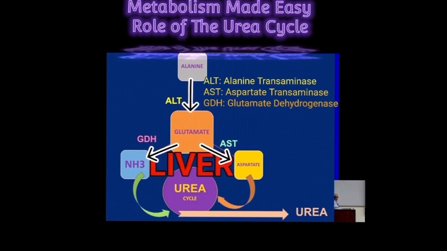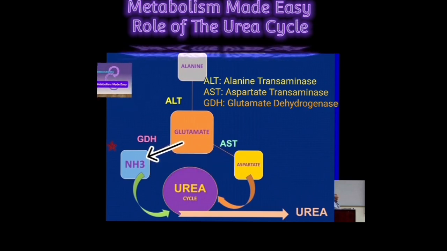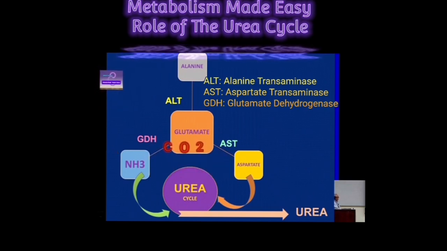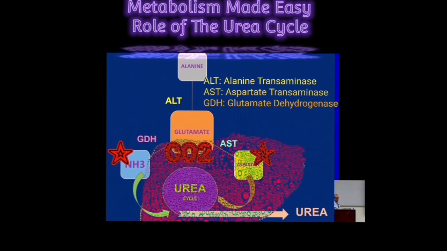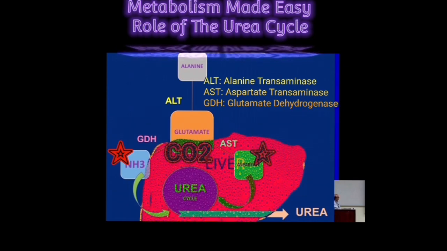So this is what it's doing. See what's needed for the urea cycle. Here's ammonia. Here's a CO2. Here's another source of nitrogen. So you have one nitrogen there, one nitrogen there. Here's a CO2.